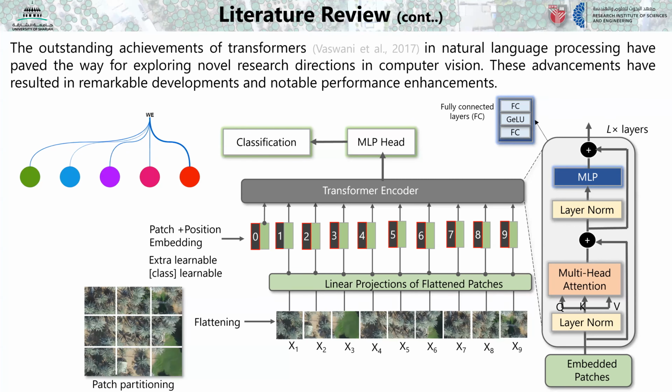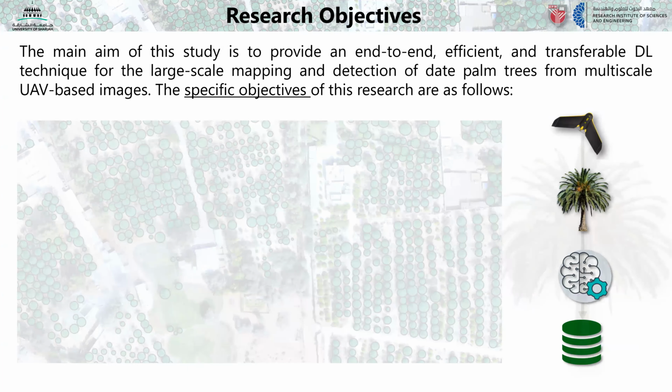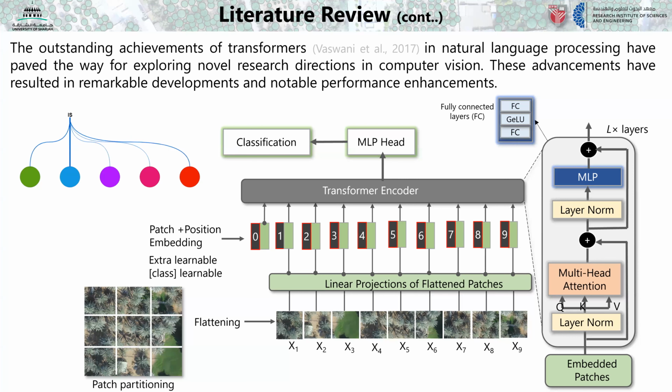As I highlighted, unlike CNNs, the operations here are parallelizable and independent of order, enabling the capture of global and contextual information. Recently, a wide spectrum of remote sensing studies have explored the utilization of vision transformers.